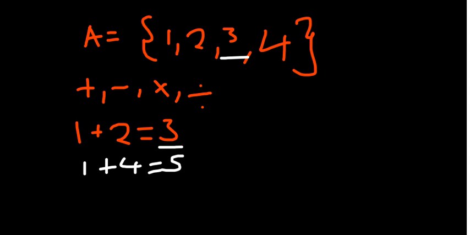It's not, right? That's the way to go about it. So addition is not a binary operation on that set, because not all the combinations are going to give you a result within the given set.